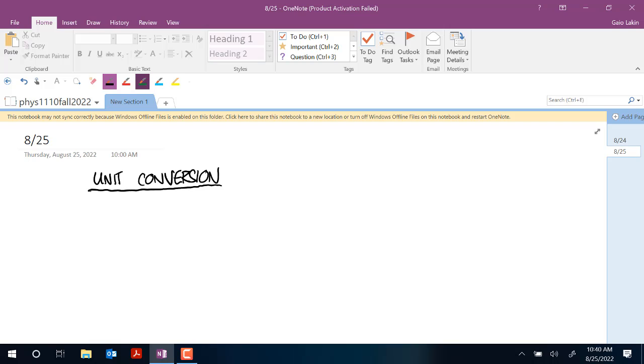So every physics measurement has a unit. If you have a radar gun and you're measuring the speed of cars going down the street, the units are miles per hour.